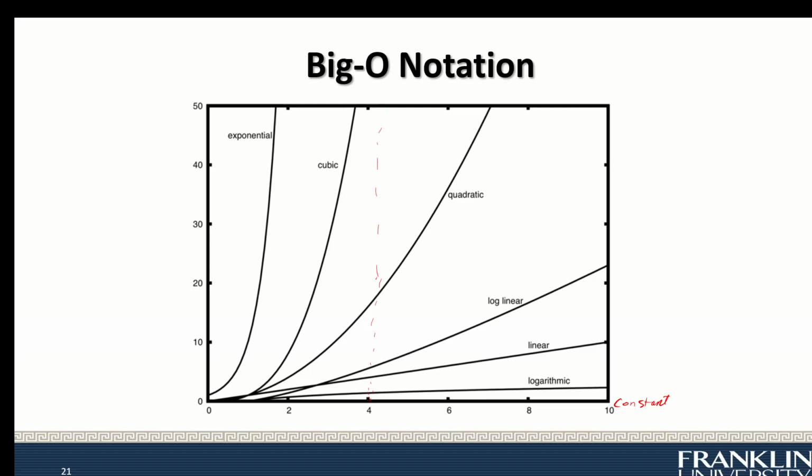As the input size increases, the running time increases with it. Depending on the big O running time, you see how one is worse than the other. And yes, we really want something probably along here, but there are some algorithms which are quadratic or cubic or even exponential. There are some algorithms out there like that.